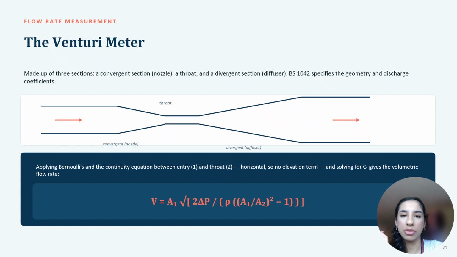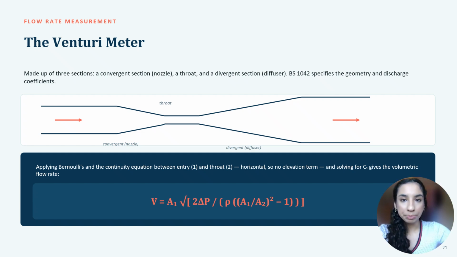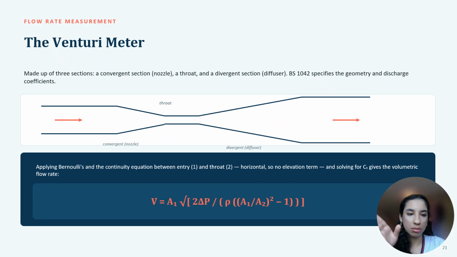Now we have to apply Bernoulli's here. When we apply Bernoulli's, we get this formula. You get V equals A1, which is the cross-sectional area. That A1 is the initial one, on the convergent side before you get into the convergence.